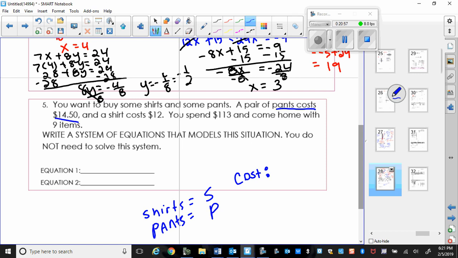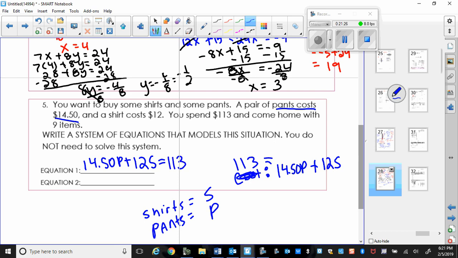So every pair of pants, so $14.50 times P plus $12 times the shirt. Every shirt I buy is $12. So if I bought 2 shirts, 12 times 2, right? This is the cost. Now, how much did I spend? Well, I spent $113. So this equals, that's my first equation. So $14.50P plus 12S equals $113.